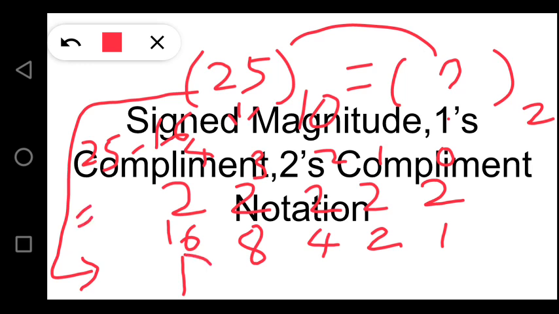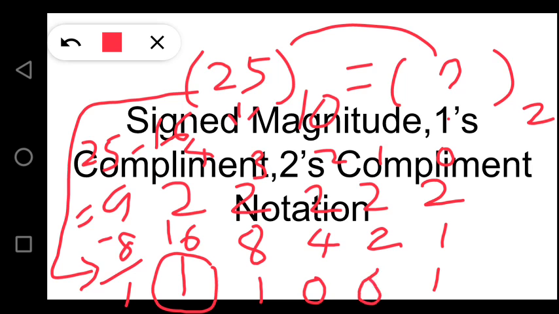Subtracting 25 minus 16, the result is 9. Now I have to represent 9. 9 means I can make 1 at the 2 power 3 position. So already I represented 8. What is left? 1. So directly I can say 2 power 0, 1.